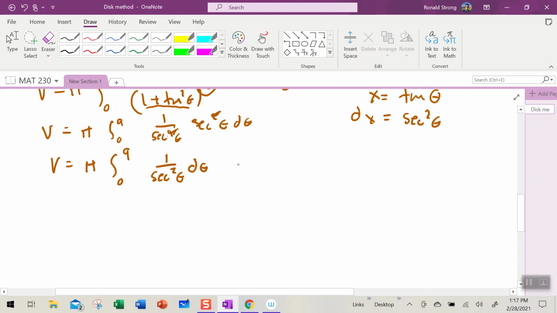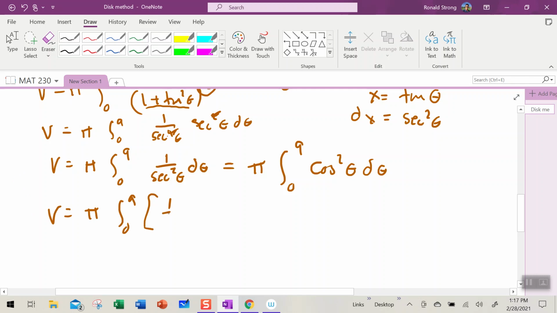I'm going to make that pi times the integral from 0 to 9 of cosine squared theta d theta, because cosine is the reciprocal of secant. So we have a very nice little integral, and we can now use what we've learned about trigonometric integrals, which means we will change this to 1/2 plus 1/2 cosine of 2 theta.